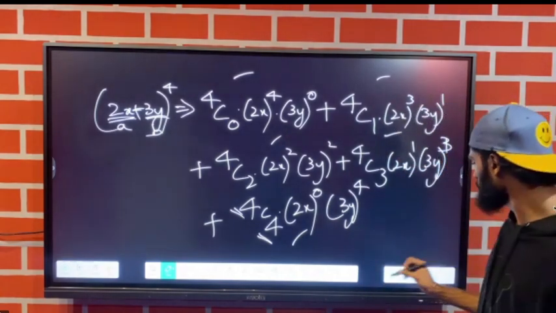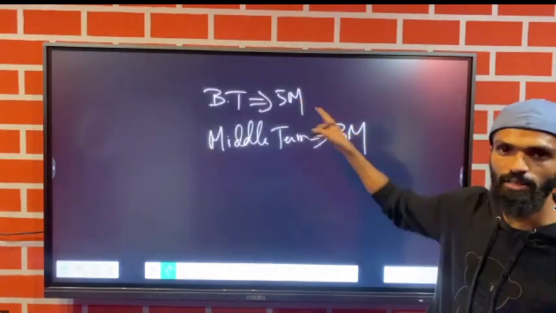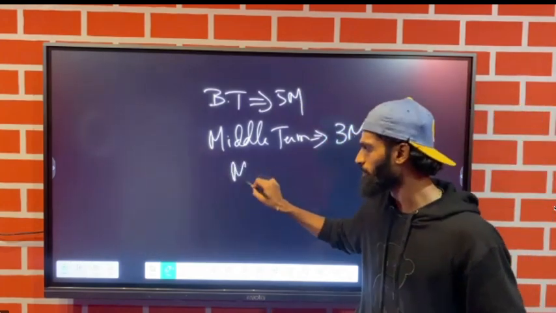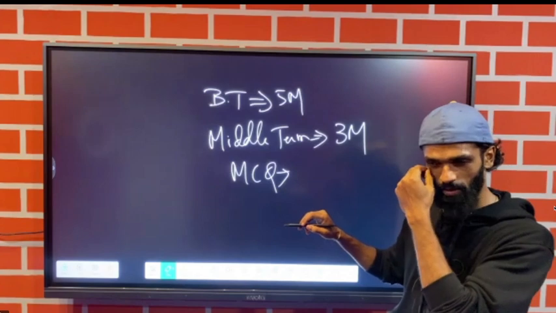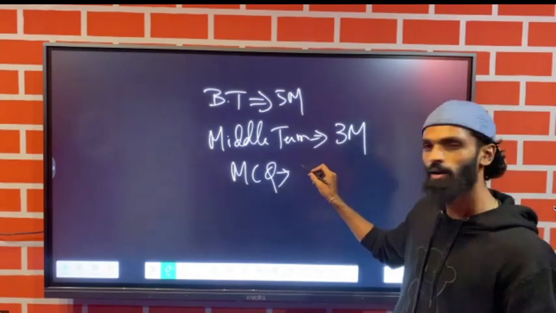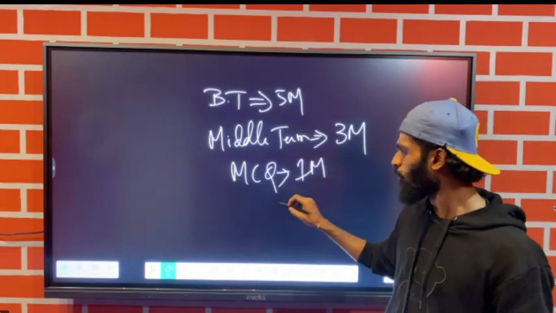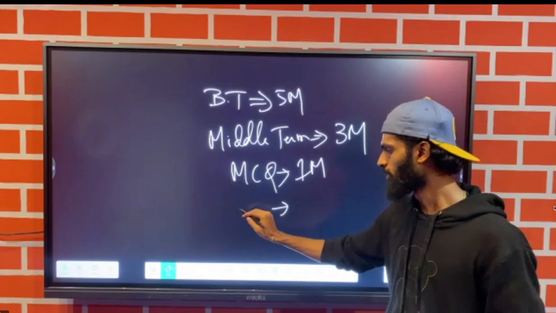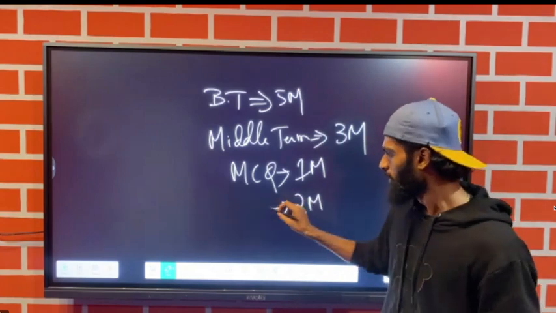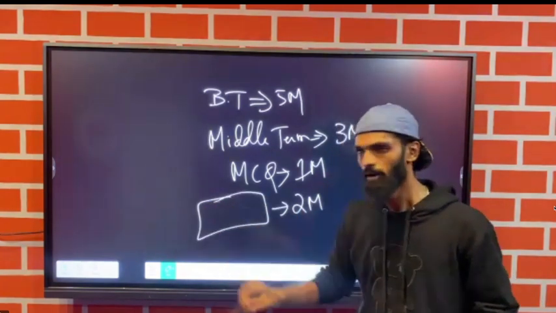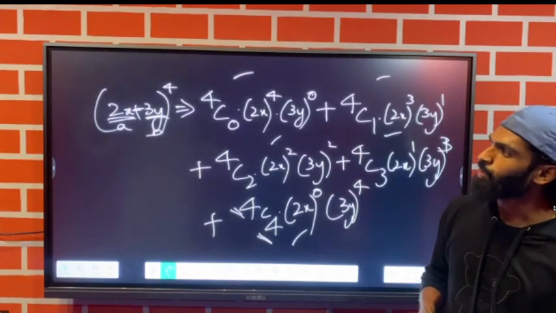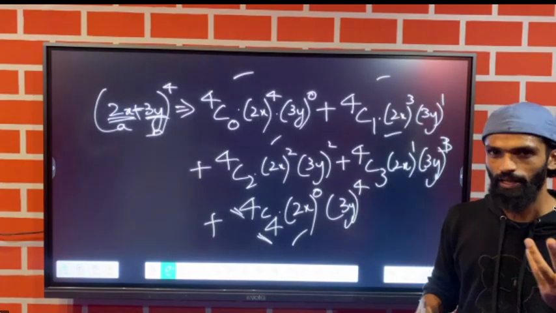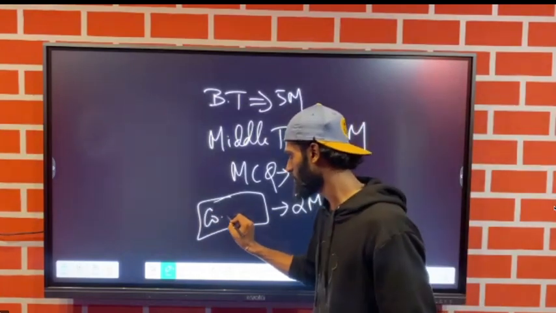Not to worry. But at the end of the day, this is important, and MCQ also will come. MCQ is very simple. I'll tell you how to get the answer without even solving it. I think we'll have 1 MCQ and 1 more, a 2-marker. This 2-marker will be a similar question. They'll be like, find the coefficient of. You won't realize what I'm talking about right now, but I'll name it as coefficient.